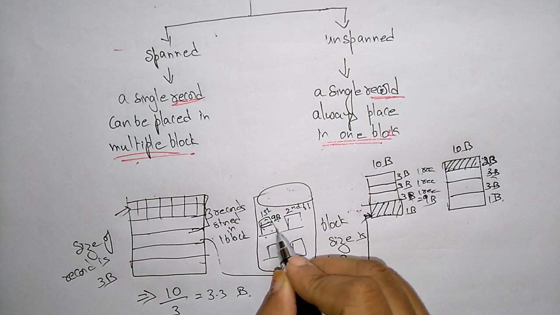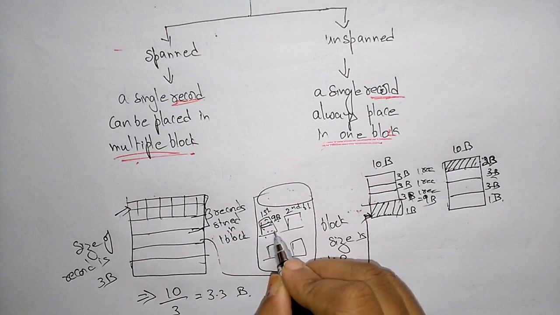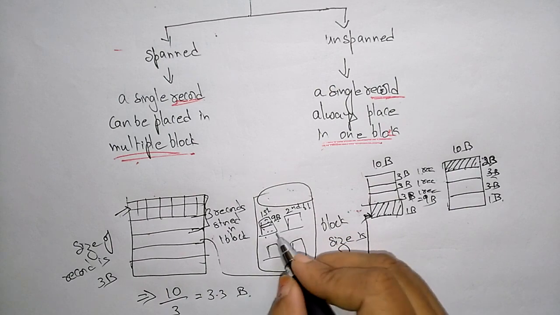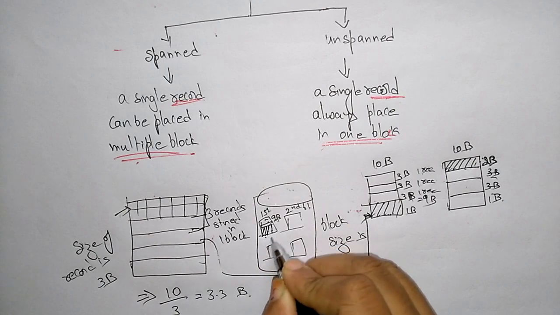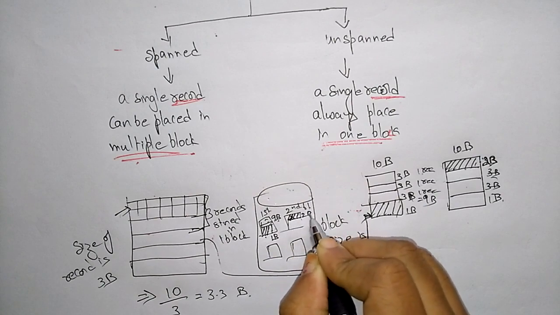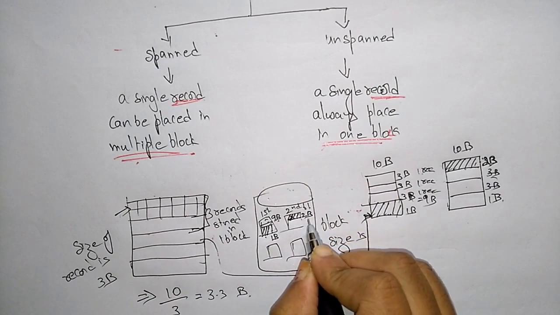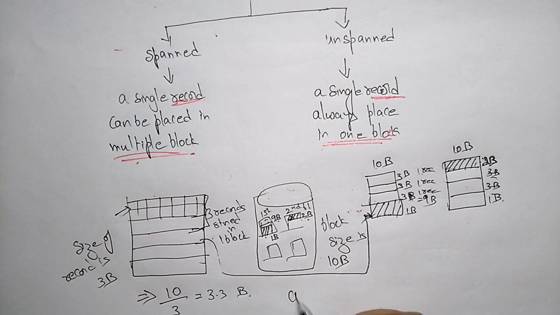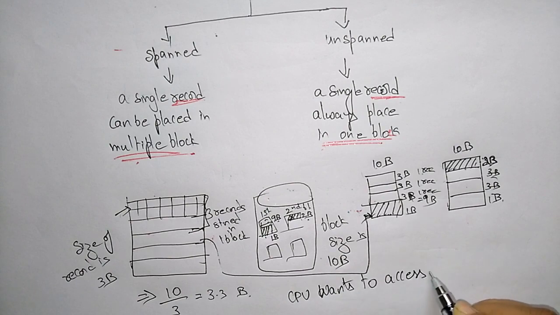If I want to store another record, I still need 3 more bytes, but only 1 byte is left. So 1 byte of the record is stored in the first block, and the other 2 bytes are stored in another block. Suppose the CPU wants to access the 4th record.